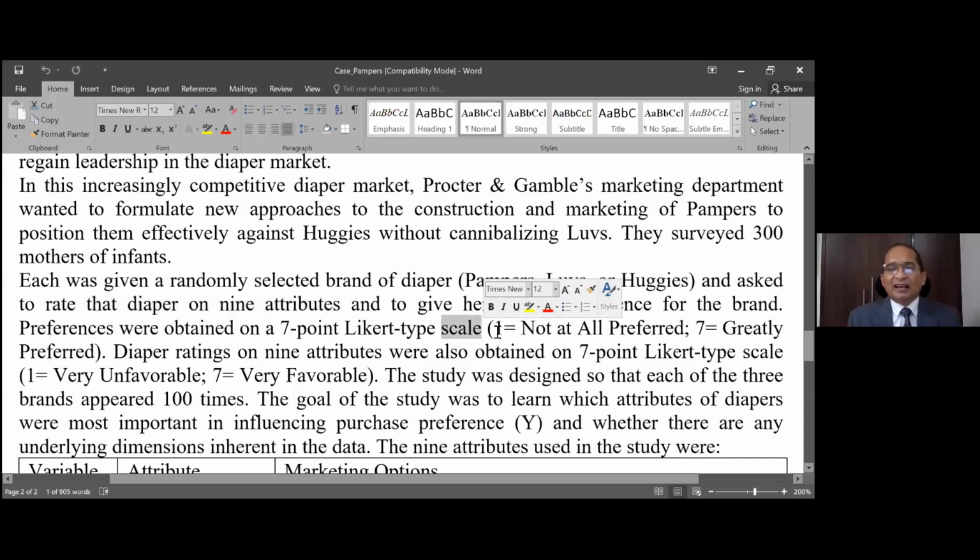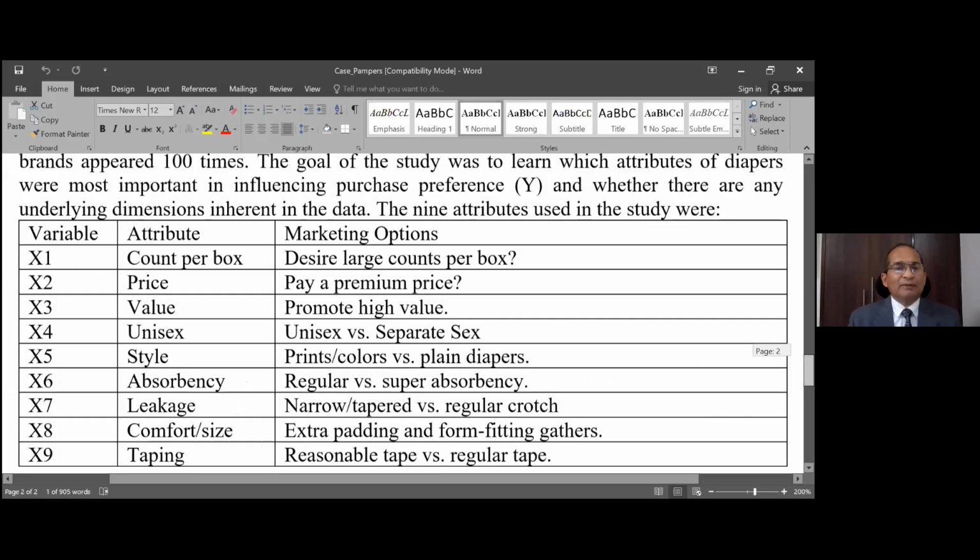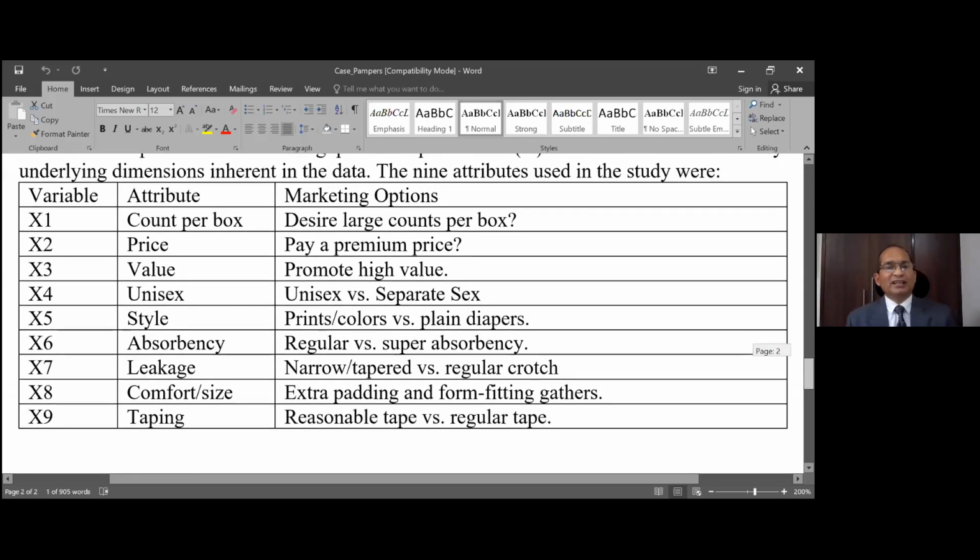So the scale is 1 where not at all preferred, and 7 is greatly preferred. In the same manner, diaper ratings on the 9 attributes were also on the 7-point scale, where 1 is very unfavorable, means not at all liking, and 7 is favorable, right? And these are the 9 diaper attributes that will be there in the data sheet also.